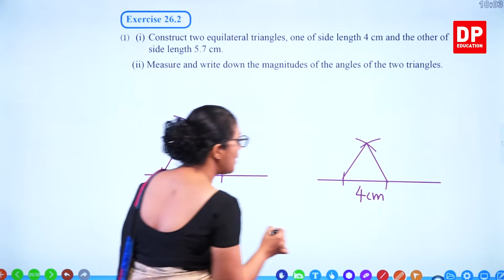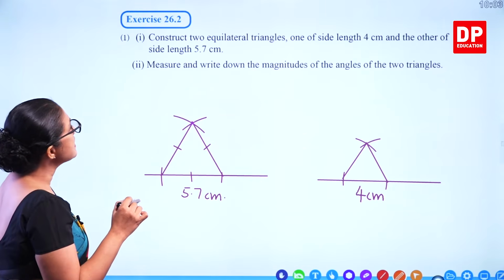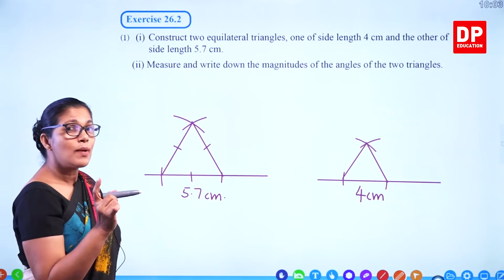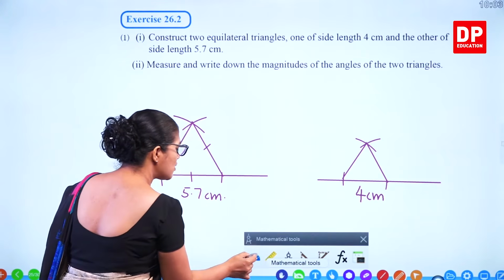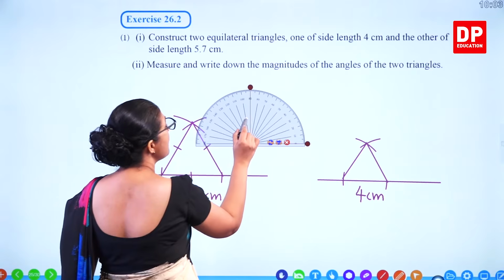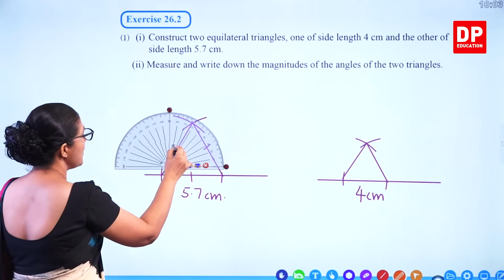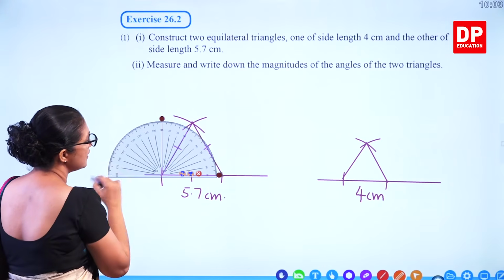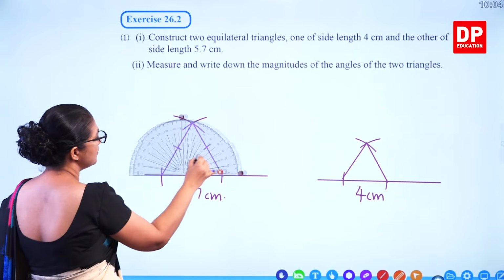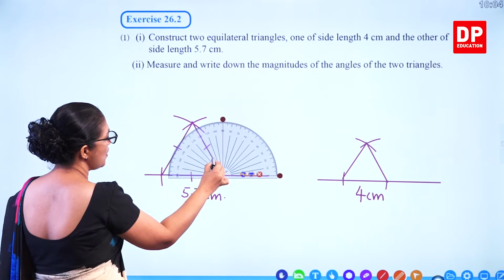Now we'll measure the angles and see. So this is an equilateral triangle. What's the angle? Each angle should be 60 degrees. We are checking whether it's true. So you can see here 60 degrees. This one.